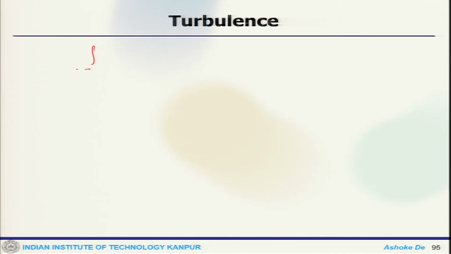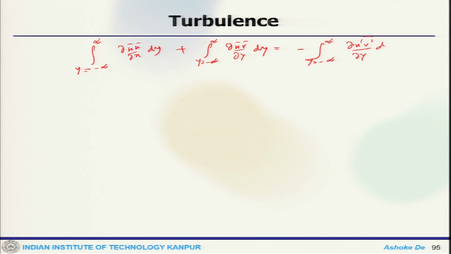We can get the integral from y equals minus infinity to infinity of del x dy, minus infinity to infinity by del y dy, minus del u bar v bar by del y dy, which is 0.